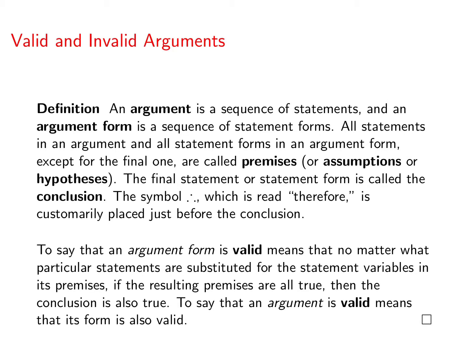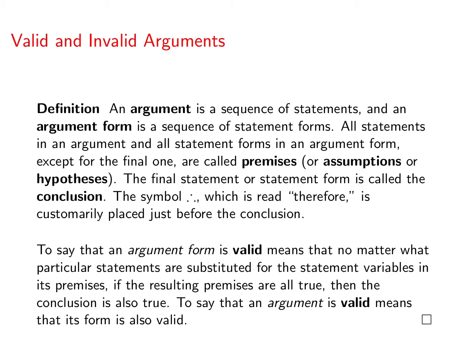All right, here's a definition of what we mean by an argument and an argument form and a few other bits of terminology. An argument is simply a sequence of statements. That's all. An argument form is a sequence of statement forms. Remember that the difference between a statement and a statement form is converting statements into symbols.